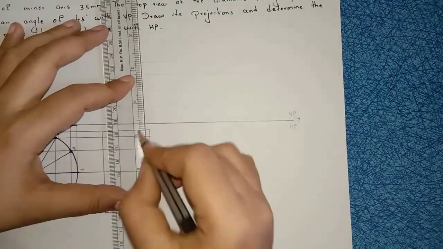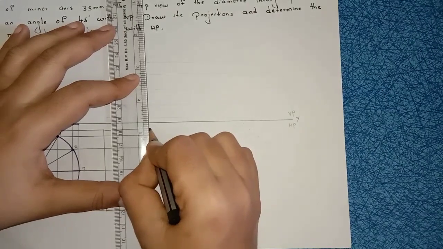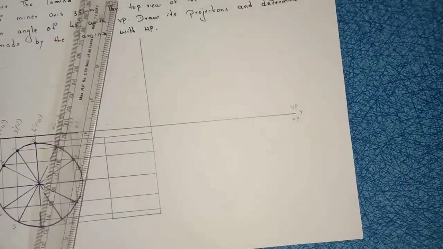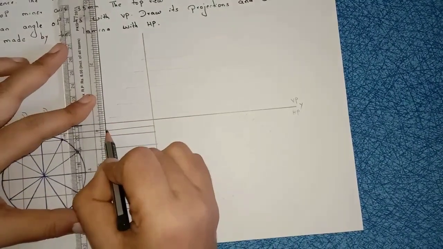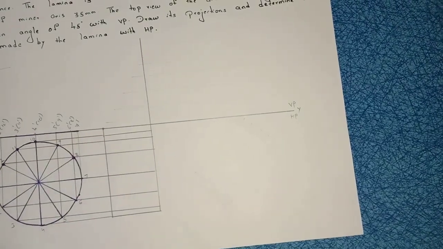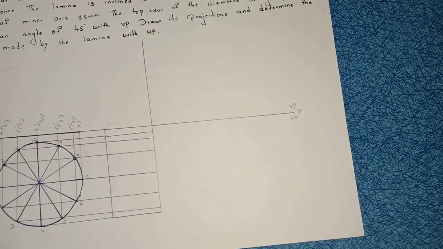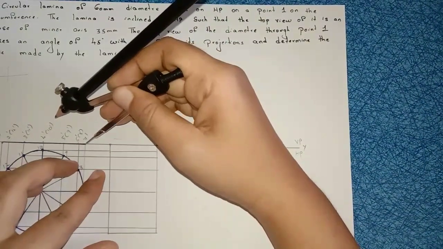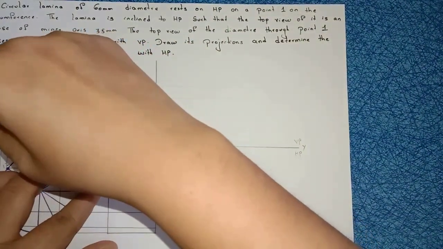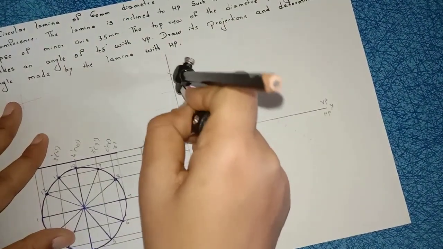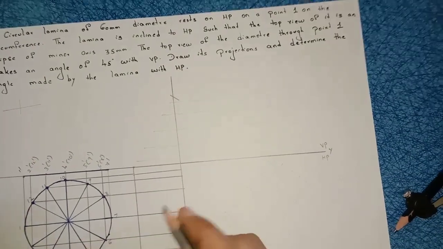So what I am doing, I am projecting this corner of any length, and I am projecting this corner till the reference line. Now this is the diameter of 60 mm, so from 1 dash to 7 dash, I am taking this distance with the compass. I am keeping my compass here and I am drawing the arc on this line.